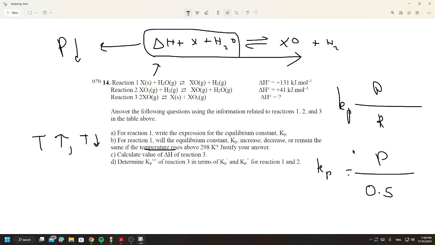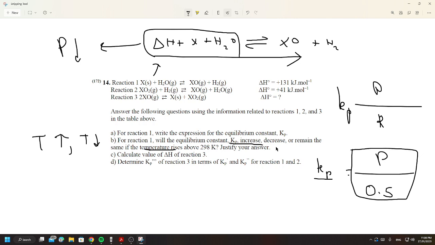When you divide by a smaller number compared to the original number you're dividing, the quotient will be bigger, right? So in this case, Kp will increase. I hope you guys understood that because that's the best way I could explain it.